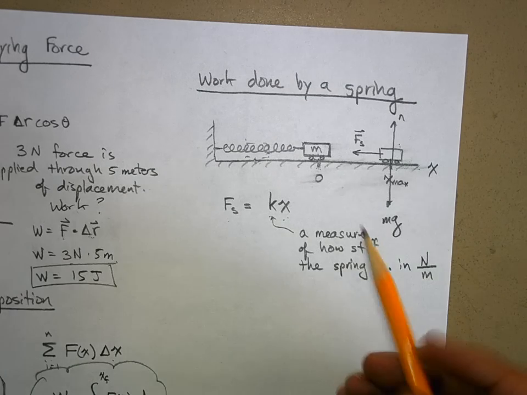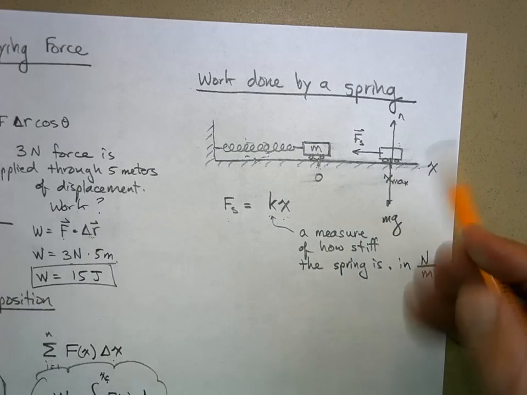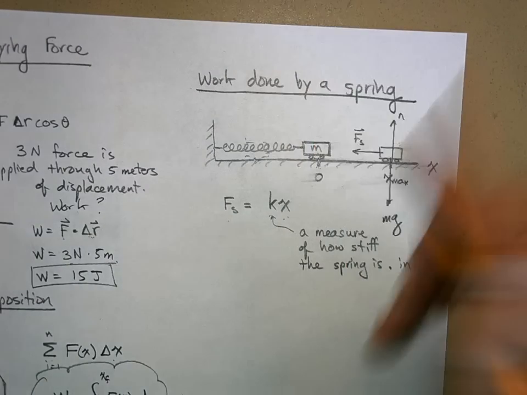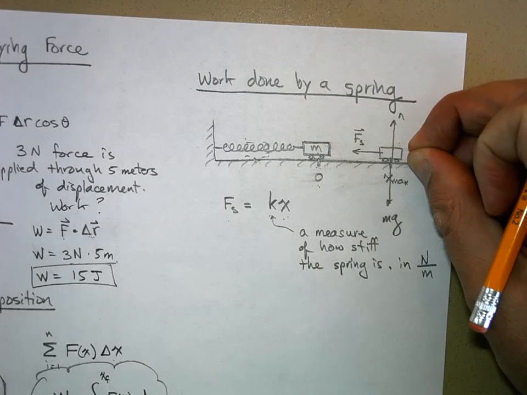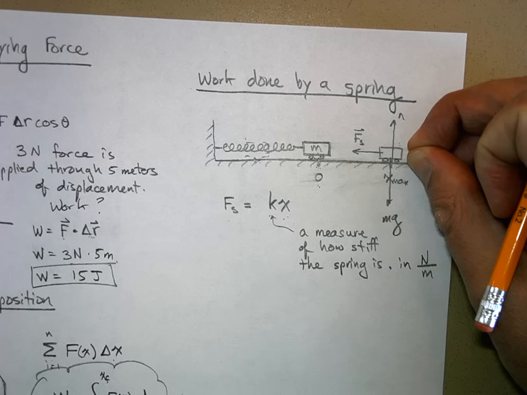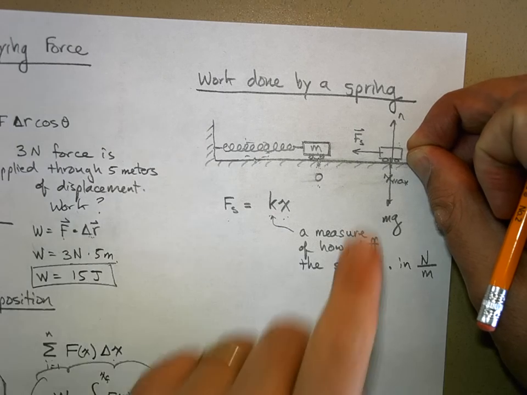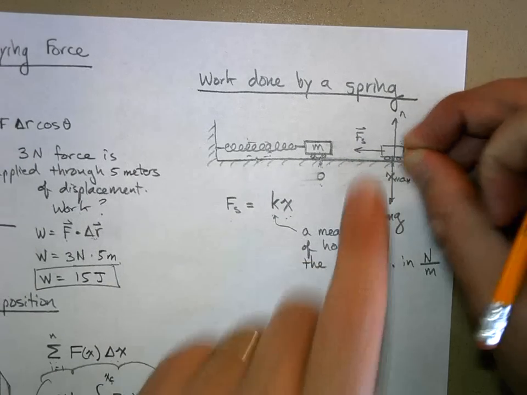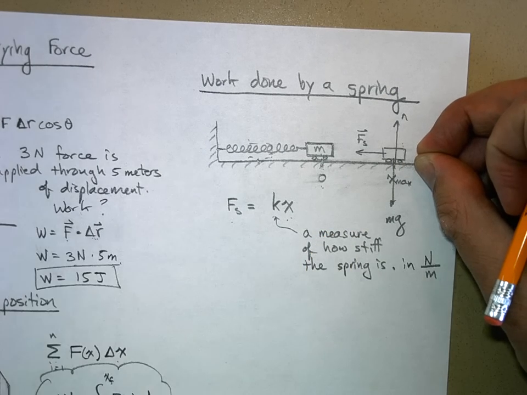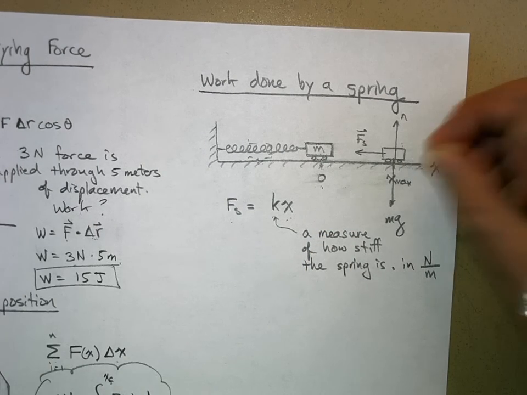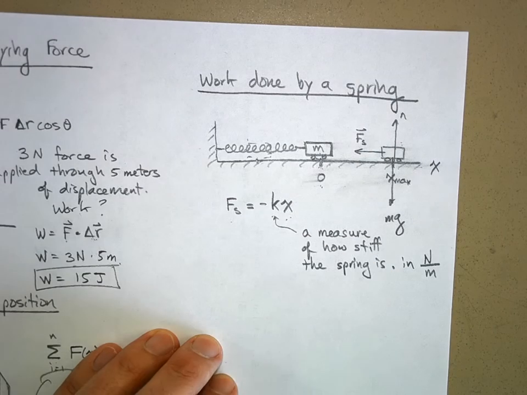If I pull this in a positive direction, if x, look, here's x is 0. So x, I'm pulling it like this. What direction is the spring pulling? In the opposite direction. So if I pull this spring out in a positive direction, the spring pulls with a negative force. So you need a negative there.